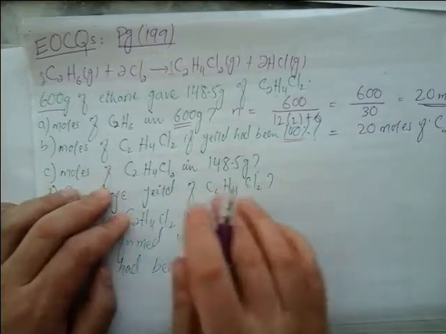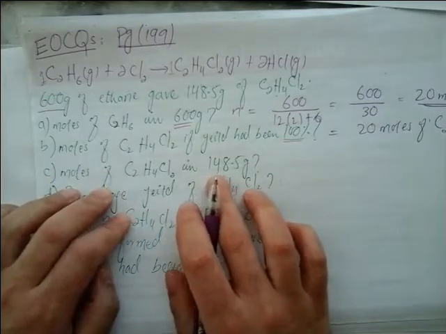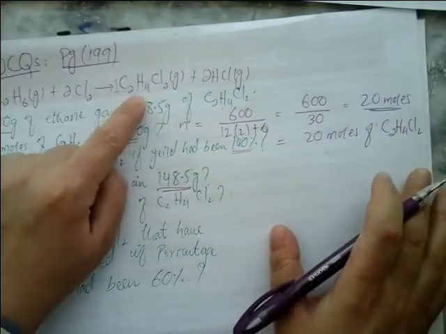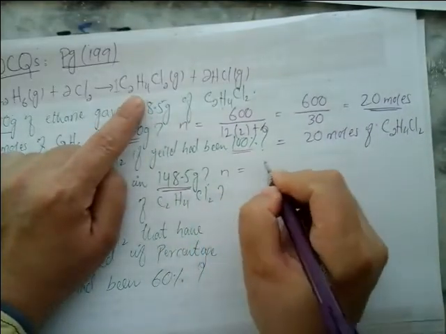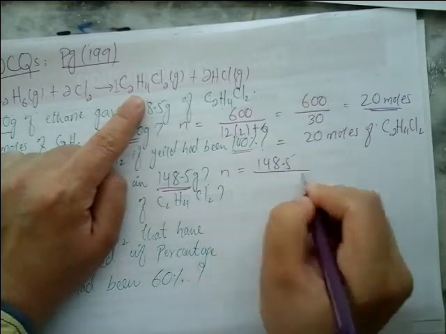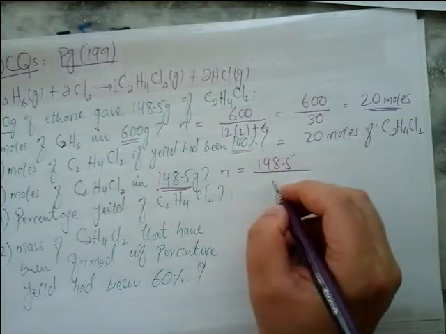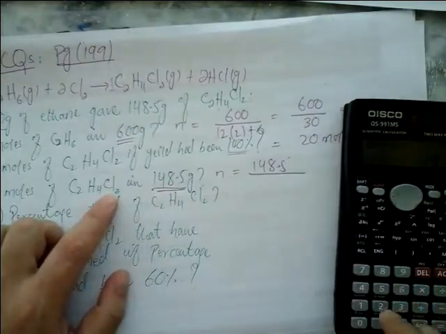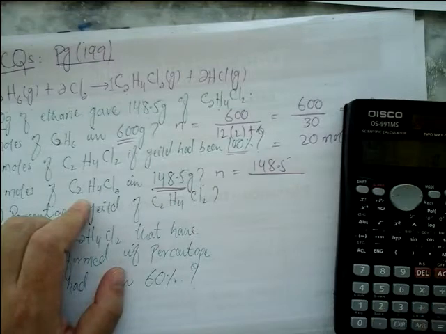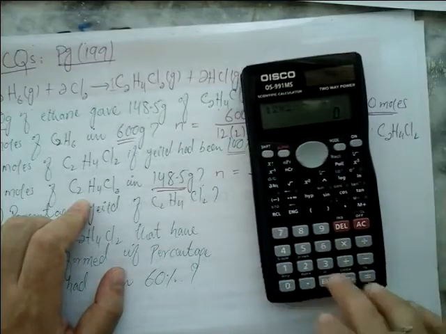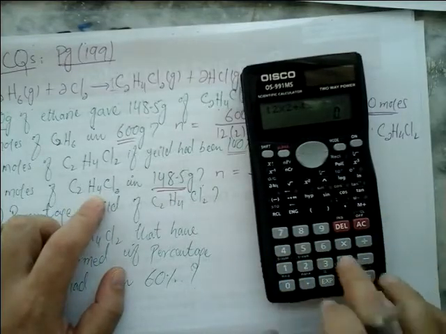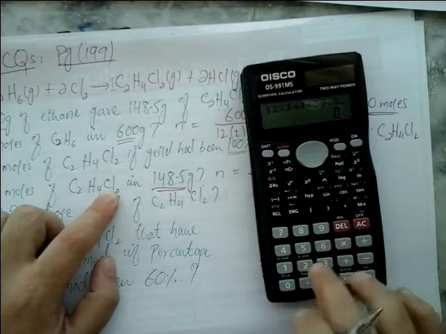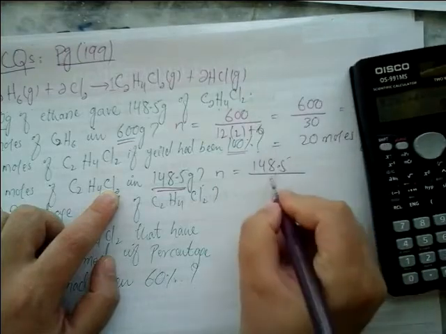Is that clear? Now moles of chloroethane in 148.5 gram. The weight given is 148.5, and the molar mass of chloroethane is 12 multiplied by 2 for 2 carbon atoms, plus 4 hydrogen atoms, and 2 chlorine atoms, so 35.5 multiplied by 2, it's 99.